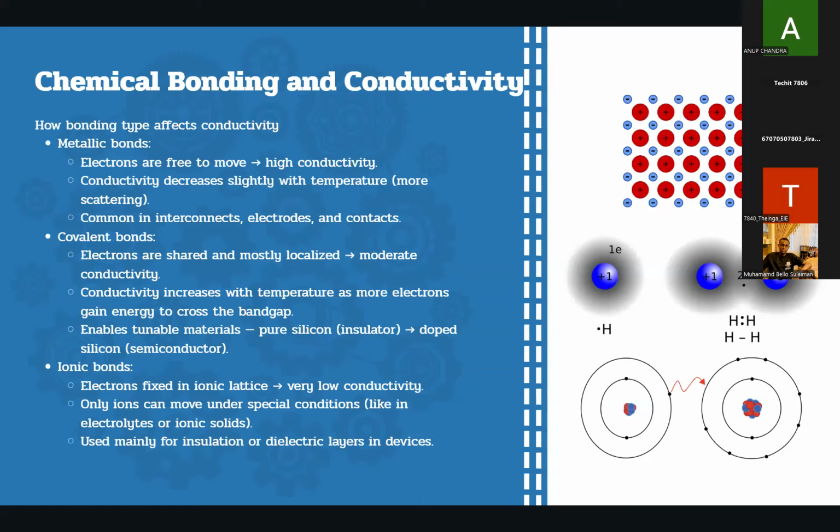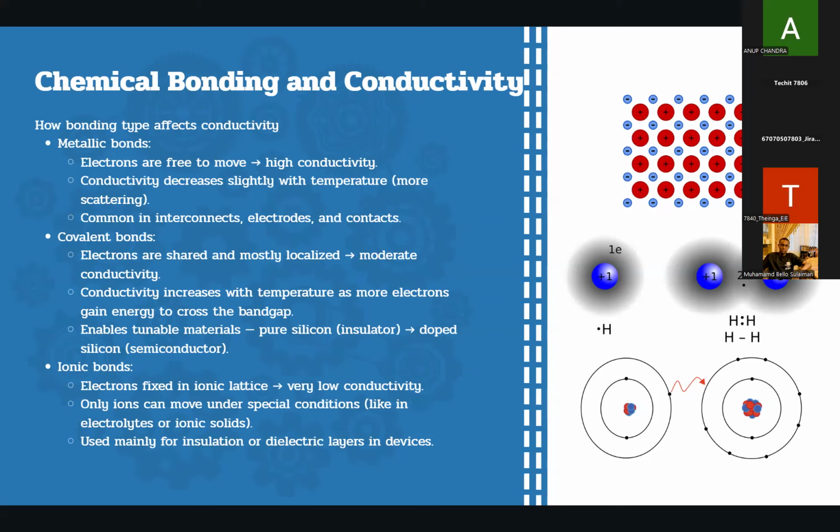Here you can see how each bond type influences electron movement. In metallic bonds, electrons move freely, giving metals high conductivity. In covalent materials, electrons need enough energy to cross the band gap, which is why semiconductors become more conductive when heated or doped.